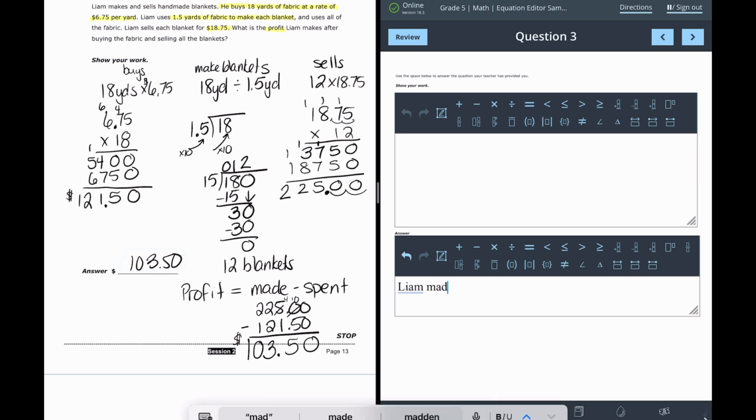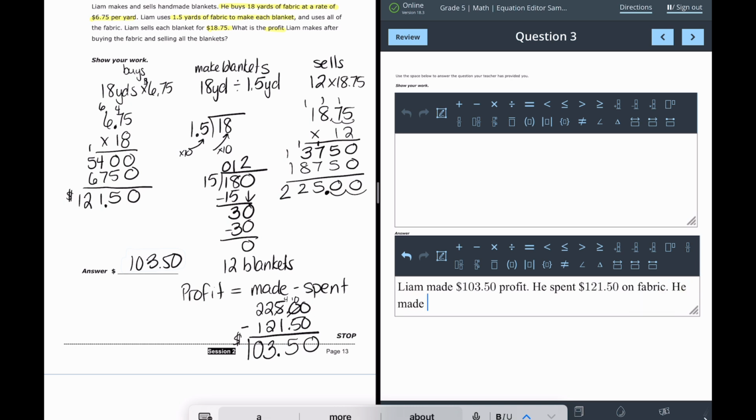Liam made $103.50 profit. He spent $121.50 on fabric.